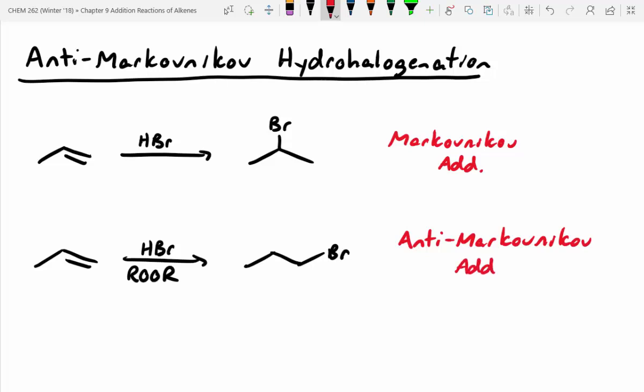So this is kind of a neat trick that you can use to determine where the halogen will go. Anytime you see peroxide around, the thing being added will add to the less substituted carbon, and we'll see another example of that later on this week. The good thing with this is you don't need to know this reaction mechanism.